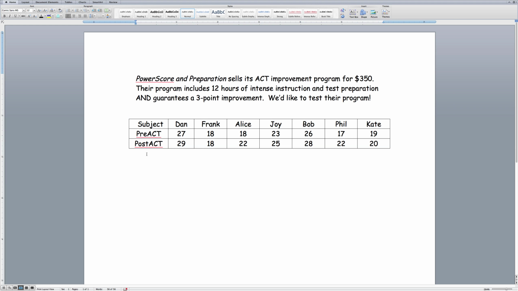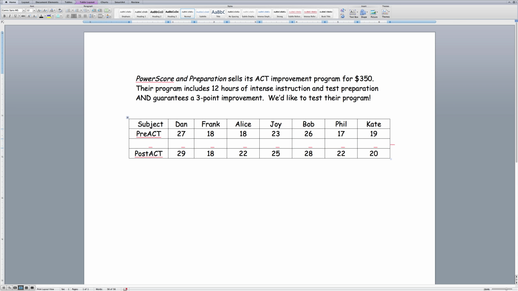Now, this works different in that what we focus on is the difference.